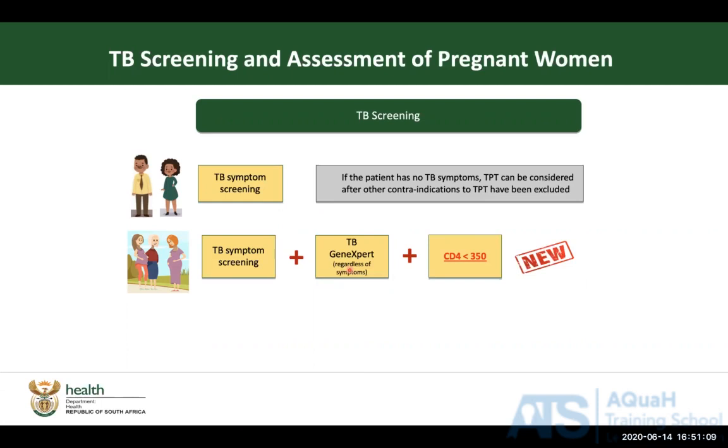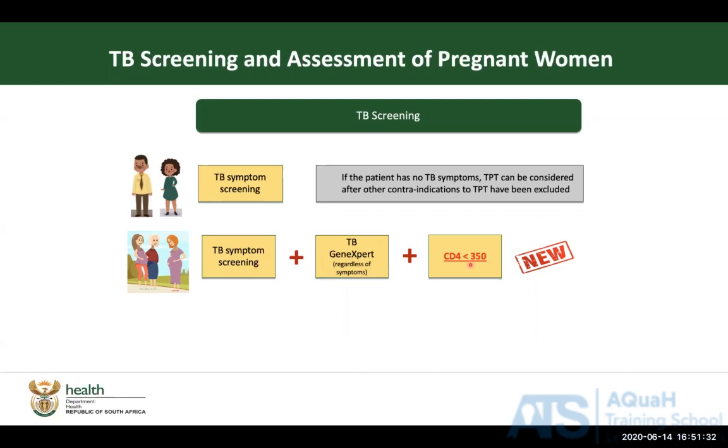So if, for example, the TB screening is negative, you do the TB GeneXpert test, which also comes back negative, it means she's probably eligible for TB preventative therapy, specifically INH prophylaxis therapy. We also need to assess the CD4 count of our patient.